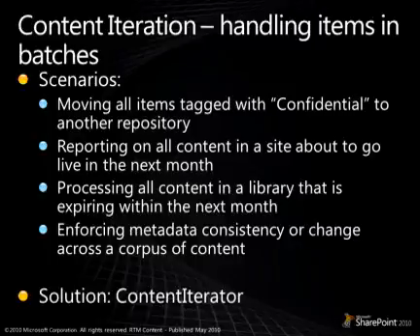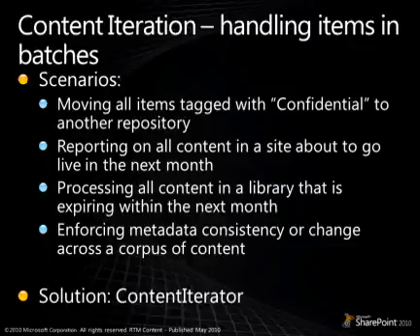But what if I need to iterate through large lists anyway due to some business reason? How do I do this as efficiently as possible? And what would be the scenarios to do this? The example scenarios would be something like moving all items tagged with a confidentiality to another repository, meaning in this case a list, or reporting on all items within the site about to go live in the next month, processing all content in a library that is expiring within the next month, and so on.